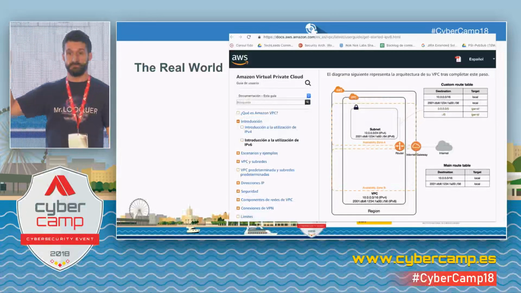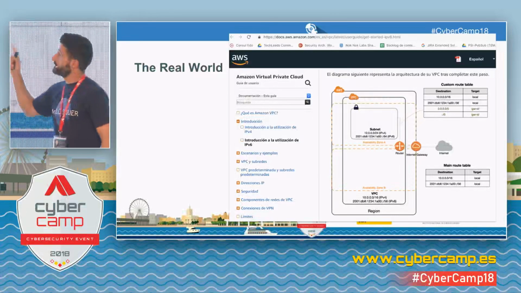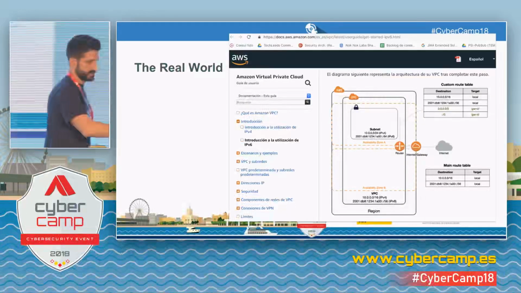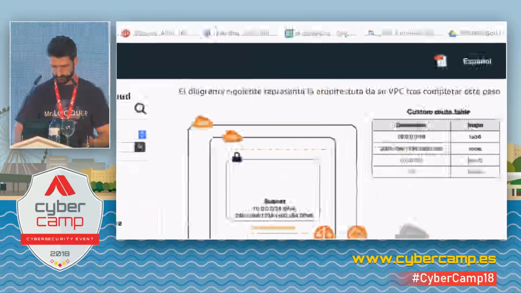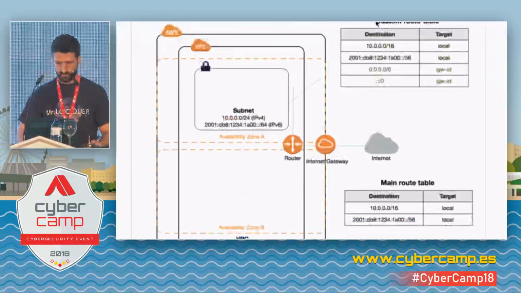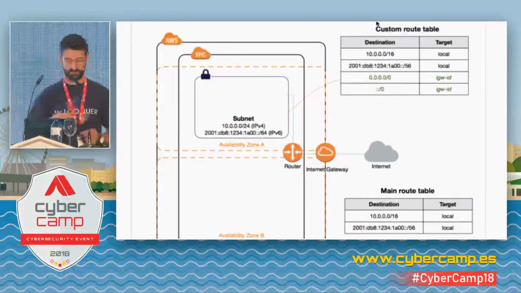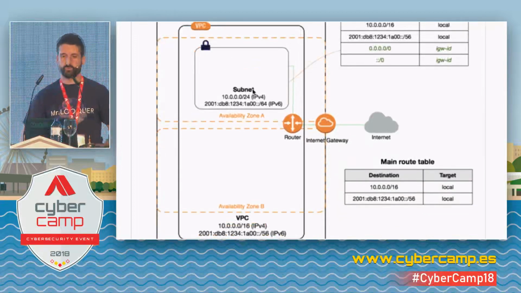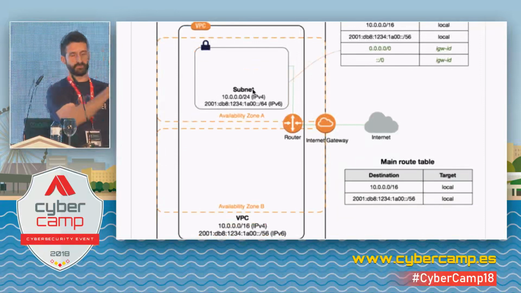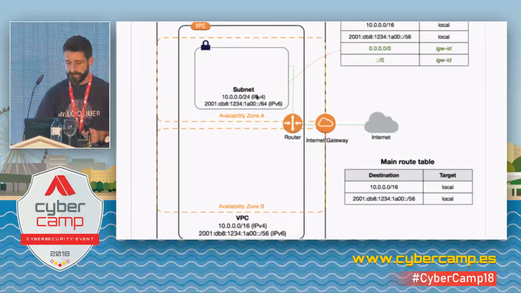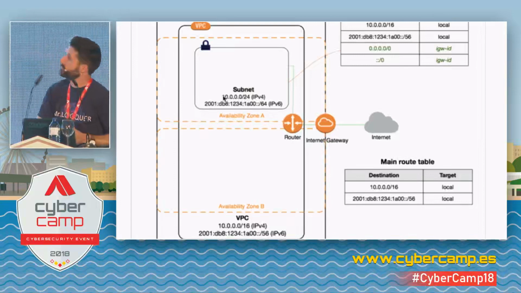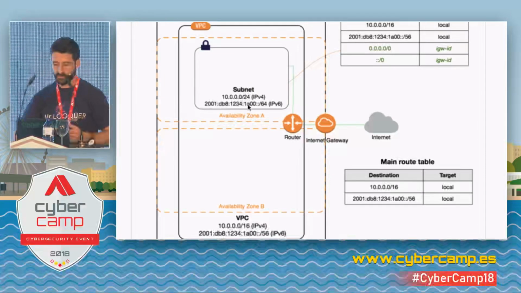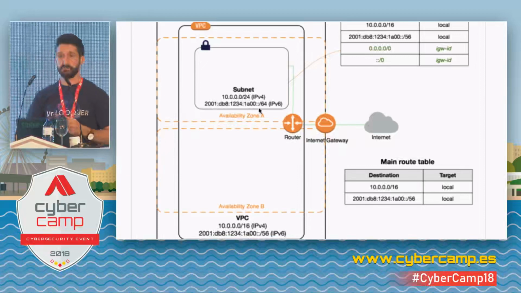Do you know anyone that has something in Amazon? Well, this is what Amazon says. Amazon Virtual Private Cloud, these famous VPCs. We can have availability zones, which are the zones in which Amazon generates a sort of data center availability for creating virtual machines. This subnet 10.0 something is internal, but see the IPv6.